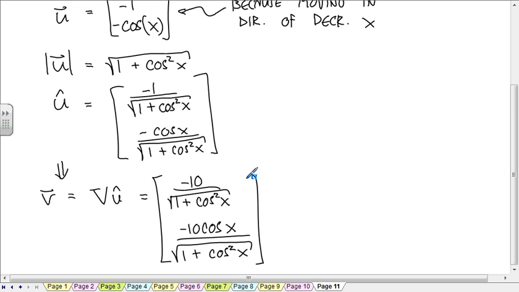Okay, so that's the velocity vector as a function of x. And it's hard to come up with a problem where it's not a total mess. It gets messy because of that square root in the denominator.